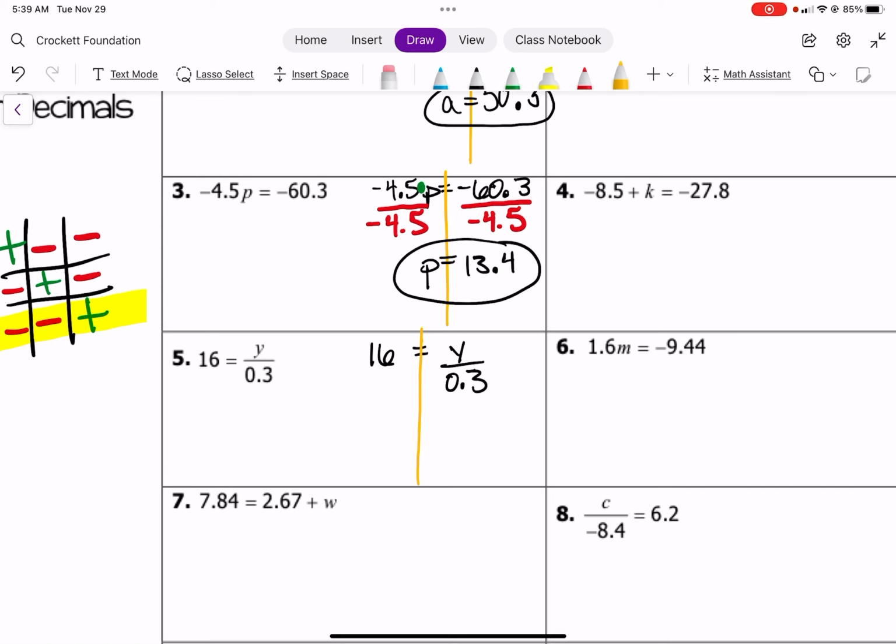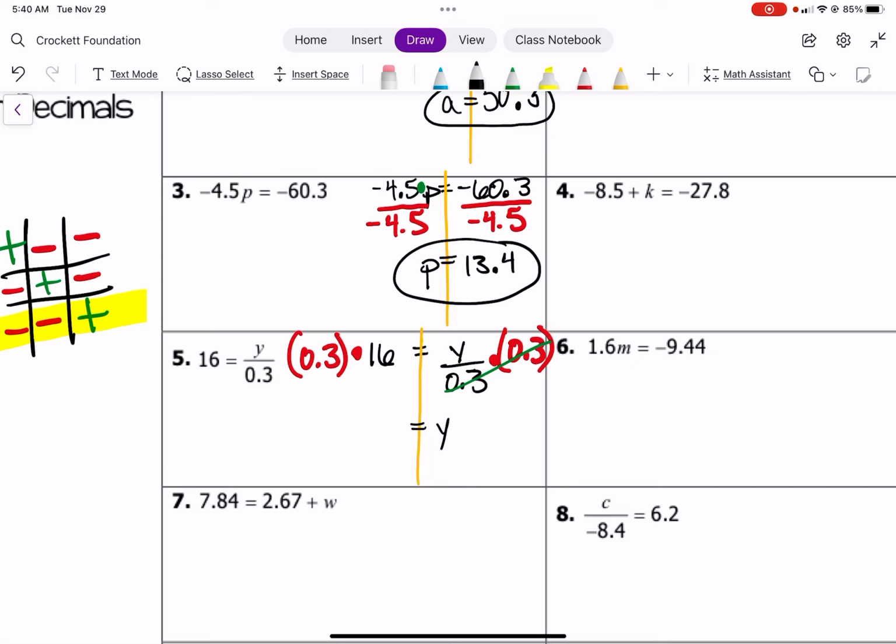So to undo dividing by 0.3, we have to multiply by 0.3 on both sides. Okay, so I'm multiplying by 0.3 on both sides. What that ends up doing is canceling those out. So all I'm left with is y on the right.